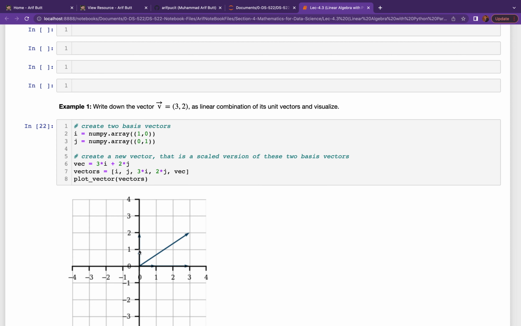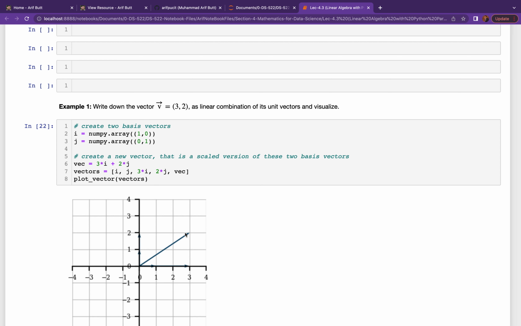And note that this vector I have created using the linear combination of the basis vectors, that is 3i plus 2j. So this is i hat. I have scaled it with a value of 3, I got 3i. And this is j hat, and I have scaled it with 2. So this is 2j, this is 3i, and this is the vector v, that is 3, 2.